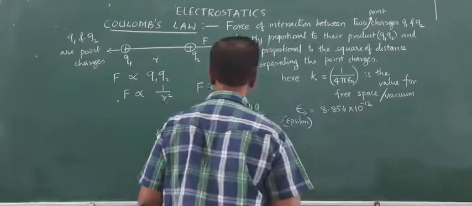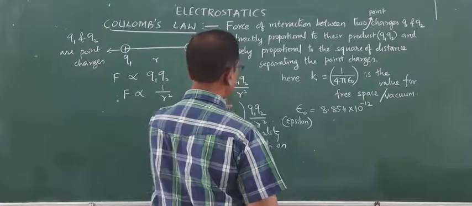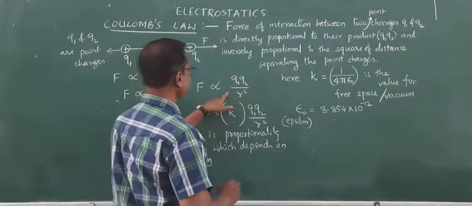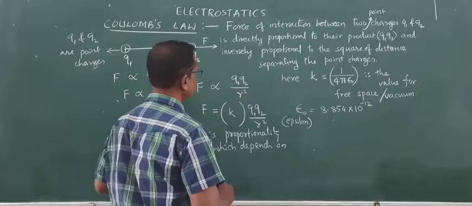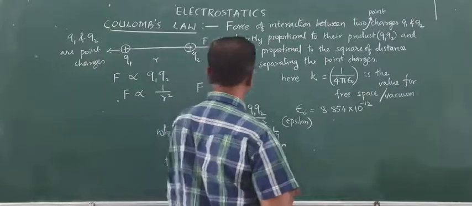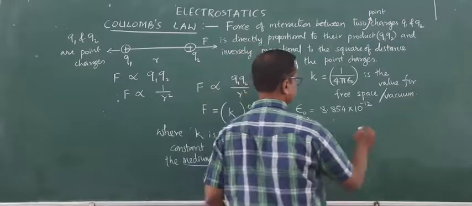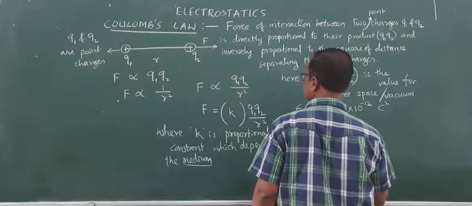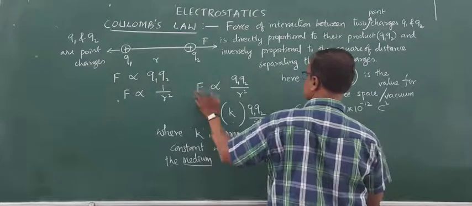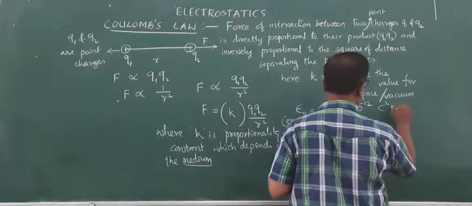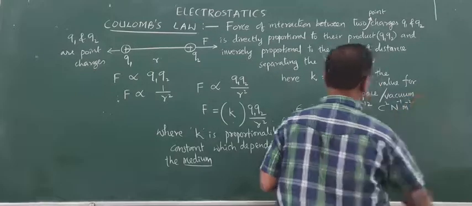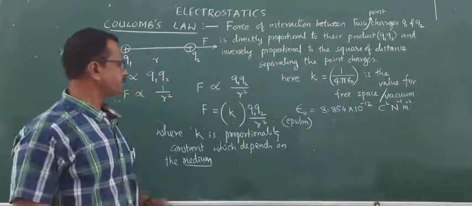You can write the units here: Q1 Q2 upon, yes, Q1 Q2, that is Coulomb square, per Newton per meter square. Coulomb square per Newton per meter square.